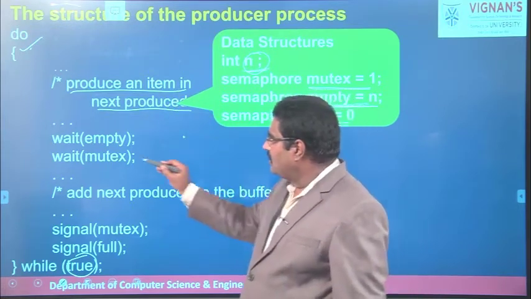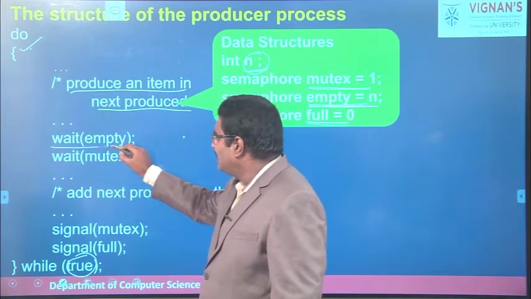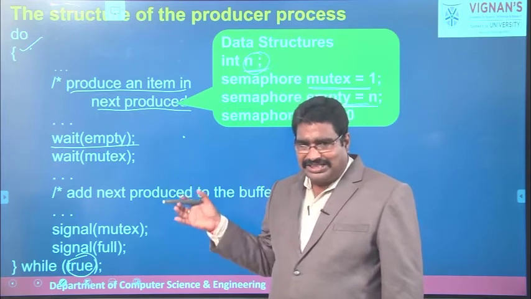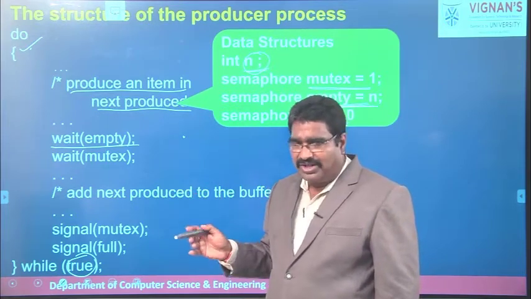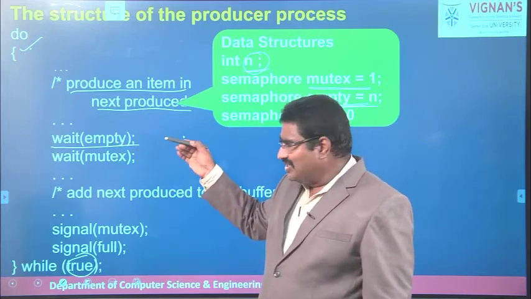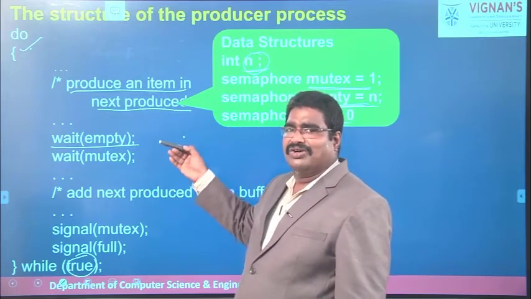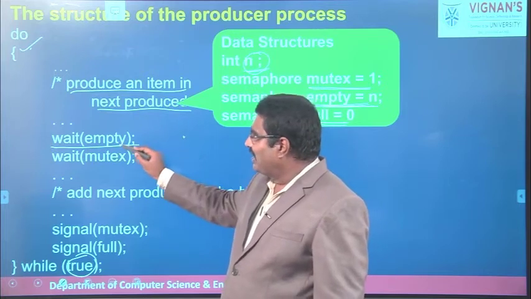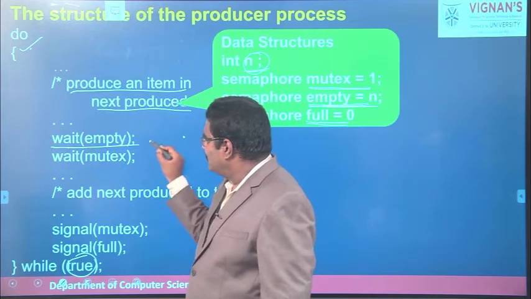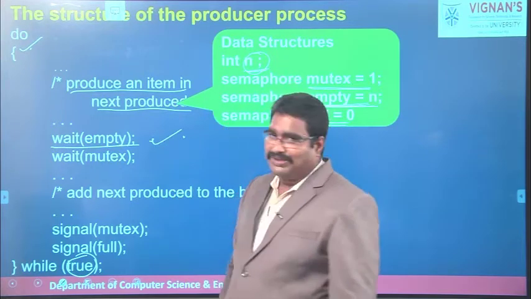Whenever the producer wants to place an item, he simply calls wait empty. So, wait is one of the functions. It simply takes empty as a counting semaphore. If the counting semaphore empty value is greater than 0, its value is decreased by 1. If its value is equal to 0, it needs to wait, since empty must be greater than 0. For that reason, we are simply using the function wait empty.